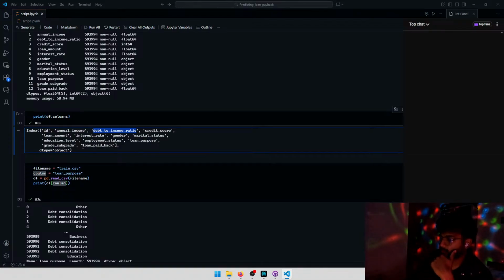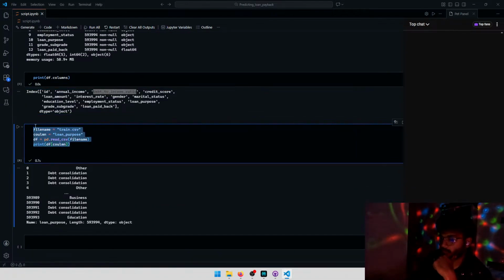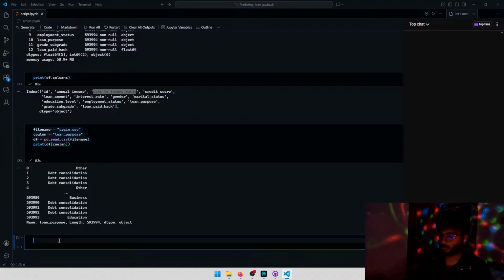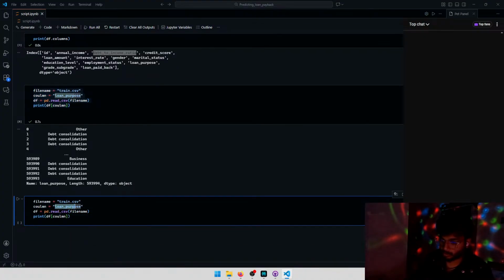Those would be the major chunks to see first. So in the same way, I'll just copy this file, paste it here, and change the column name to debt to income.